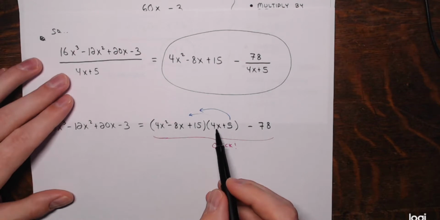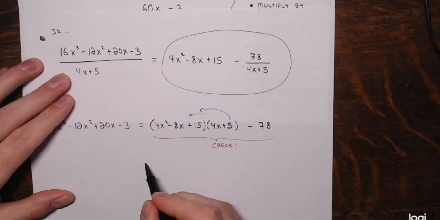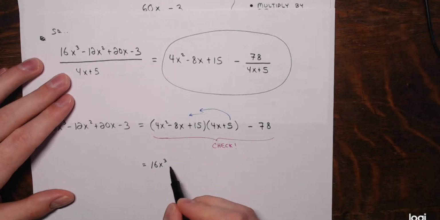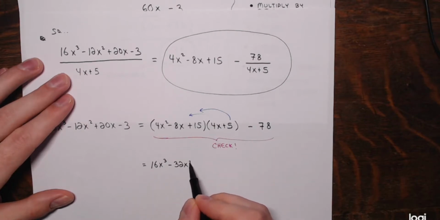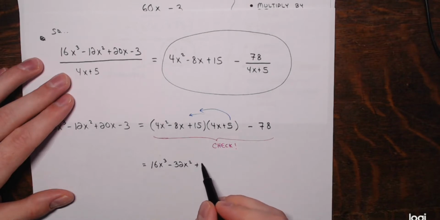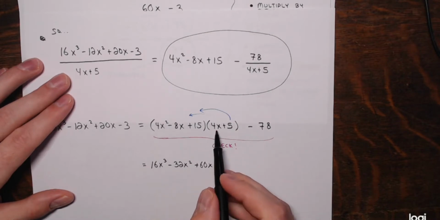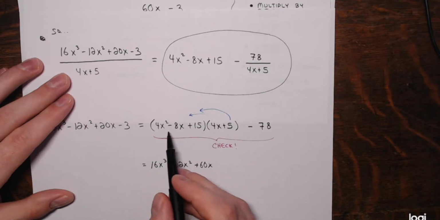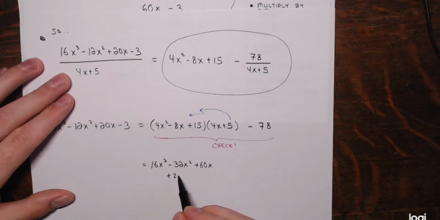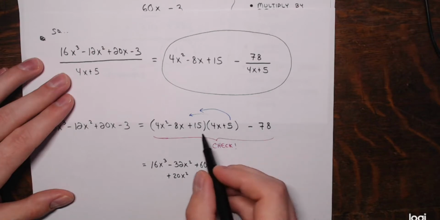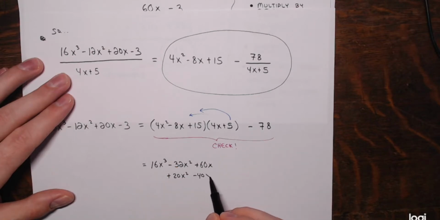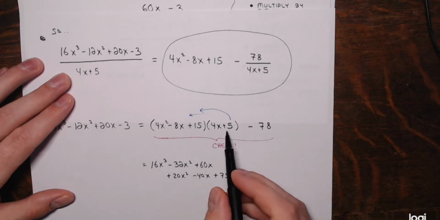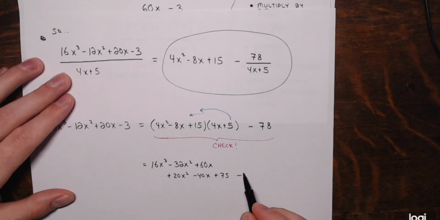Alright, so 4x distributed is 16x cubed minus 32x squared and then plus 60x. All right, now I'm done with the 4x. Now I'll move over and distribute the 5 to these three. Be plus 20x squared, and then minus 40x, and then plus 75, and then now I'm done multiplying, and then don't forget the minus 78 at the end, right, the remainder.